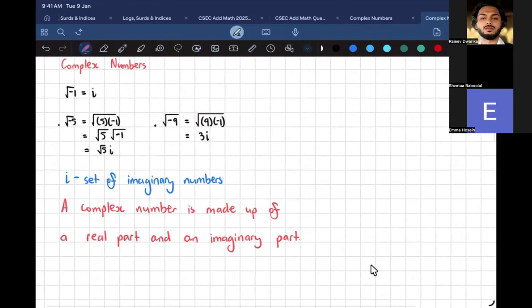So the form of a complex number is a plus bi, right? And we could call it z, right? So that is the form of a complex number.